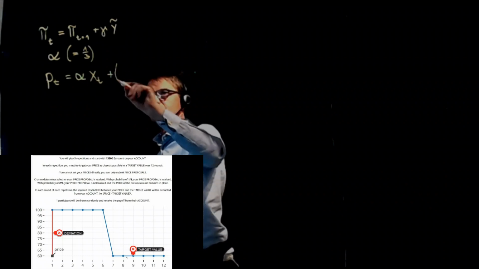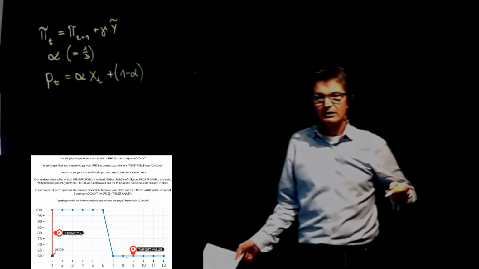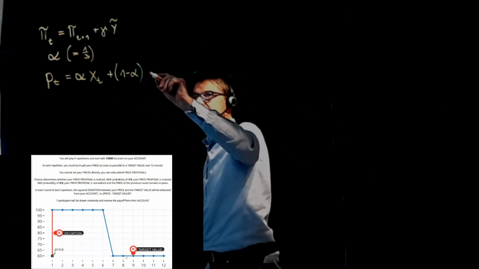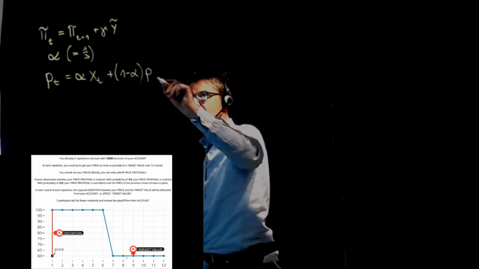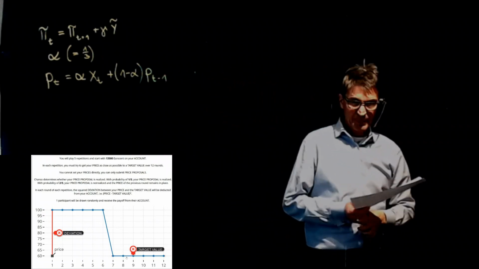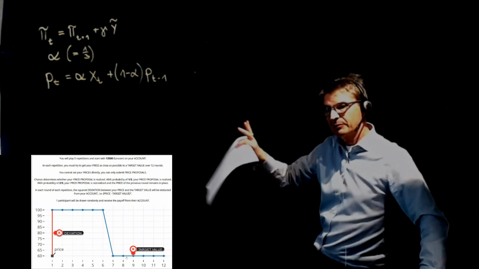And with the probability 1 minus alpha, it is not implemented, and instead the old price remains valid. So then we have p_{t-1}. So you see here at first some sluggishness, some inertia.